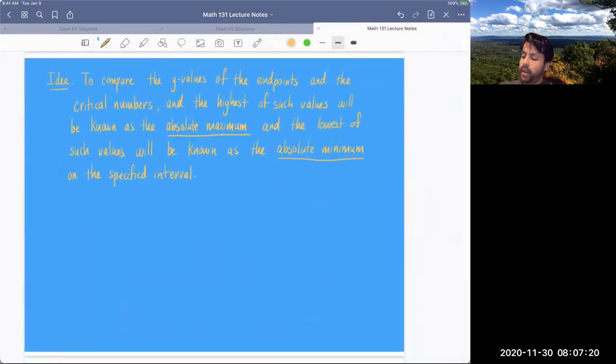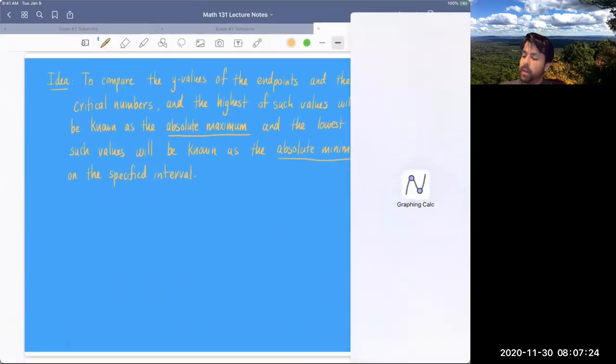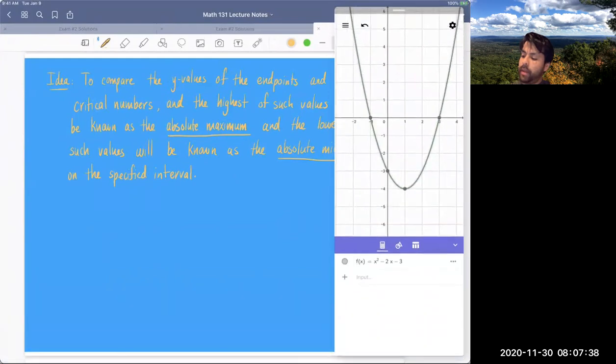And let me see if I can, hope you see that a little bit clearly. So if I were to graph this, right? If I were to graph x squared minus 2x minus 3, this is what we would get, right? A parabola. So let me graph this. And our interval is from -2 to 3.